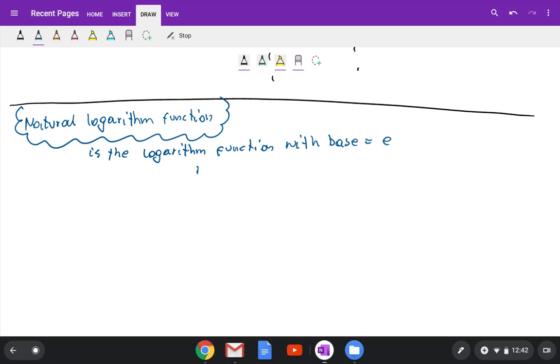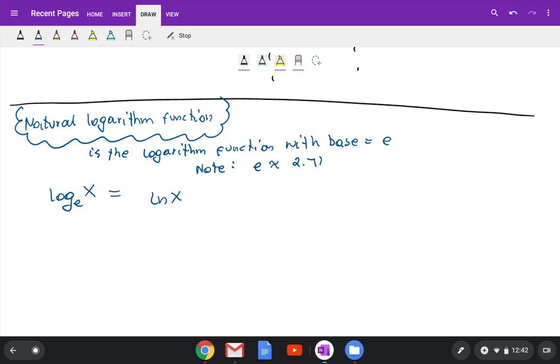And again, don't forget that e is irrational. It's about 2.71. So any logarithmic function which has base e is going to be written as ln of x. So we skip that base.